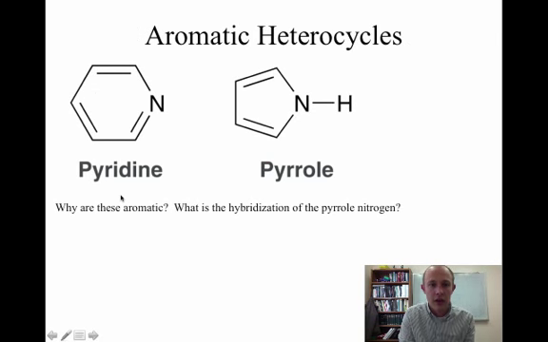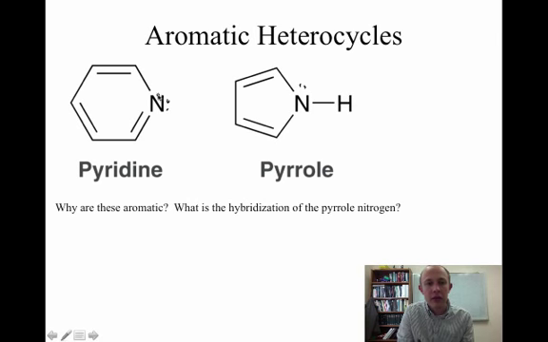In terms of biology, one thing you'll often see in biological systems is a pyridine ring, which looks like this. It's like benzene except it has a nitrogen in there, and the nitrogen has a lone pair of electrons. Another one is pyrrole, which is also very common in biological systems. Both of these are aromatic.